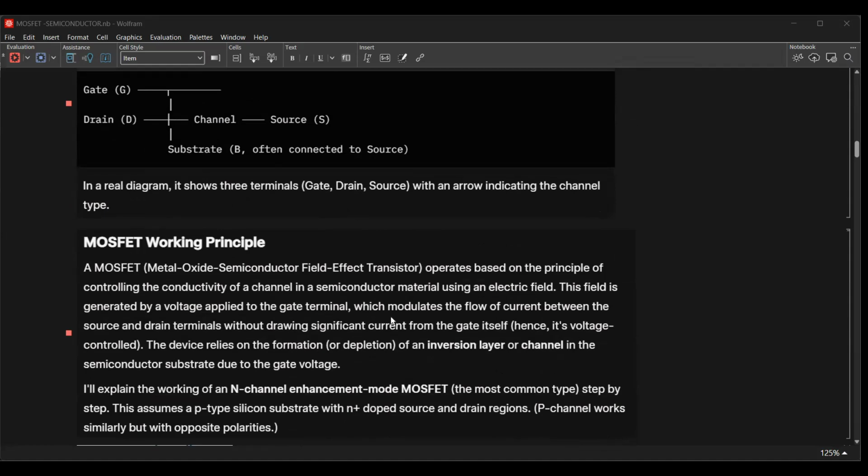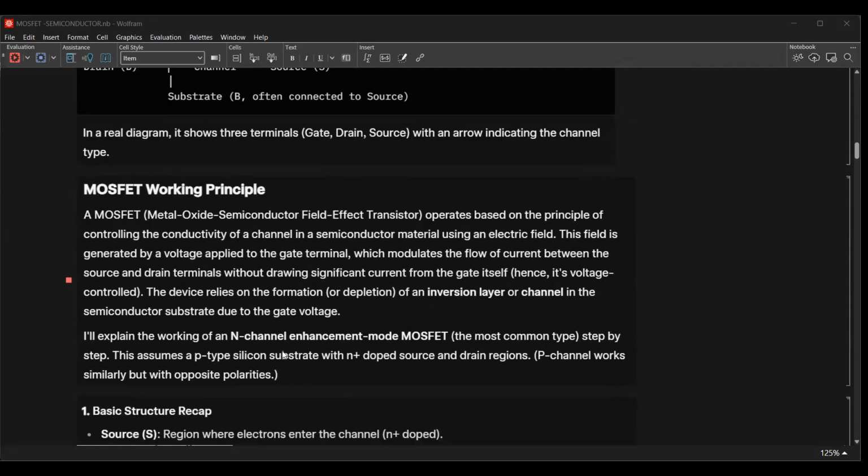This field is generated by voltage applied to the gate terminal, which modulates the flow of current between the source and the drain terminals without drawing significant current from the gate itself. Hence, it's voltage controlled. The device relies on the formation or depletion of an inversion layer or channel in the semiconductor substrate due to the gate voltage.